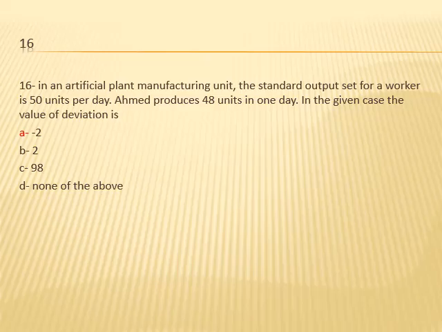In the given case, the value of deviation is: -2, 2, 98, or none of the above. So the actual is 48, the plan is 50. 48 minus 50 is -2.